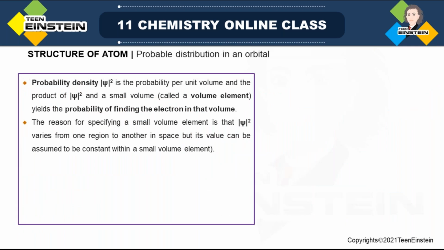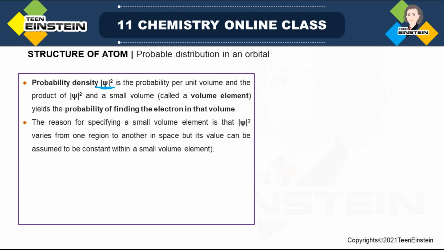After discussion of these problems based on quantum numbers, the next topic is probability distribution in an orbit. We discussed in the last class the Schrodinger equation, how we get its solution, and the significance of the solution psi. There we also saw that this wave function psi itself has no physical meaning.